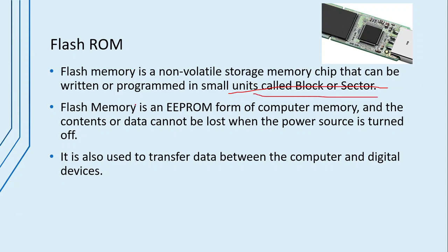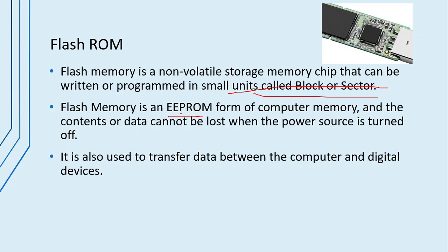This flash ROM is the same as EEPROM, but here you can delete or insert your data per block. For example, in the previous one, in EEPROM, your data will be deleted byte by byte, but here you can do this on a particular block.